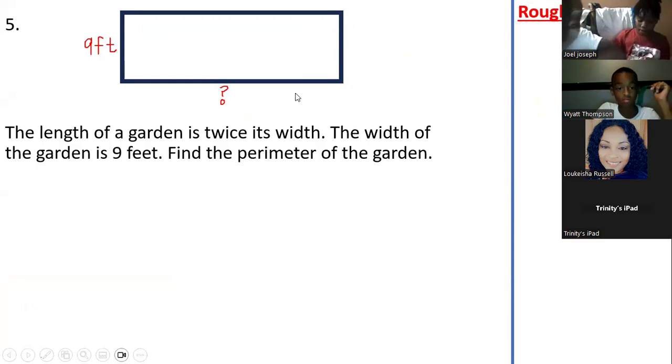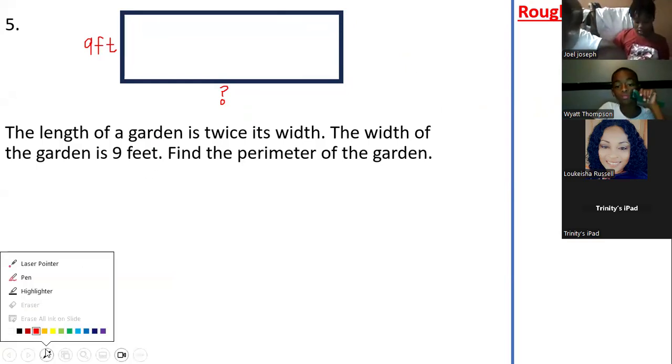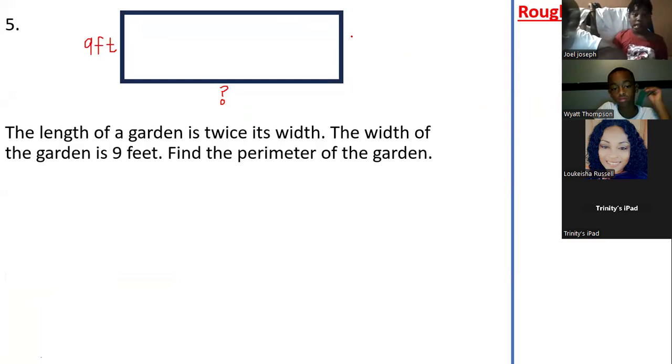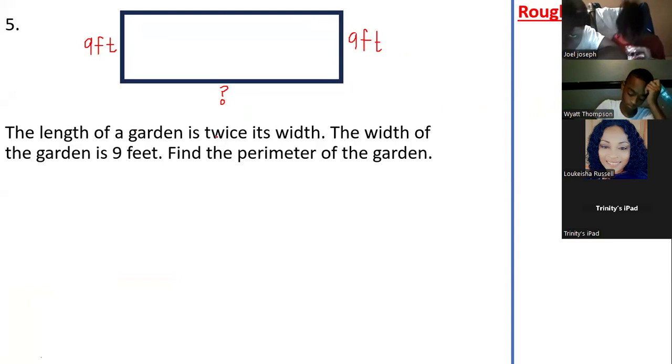Then the middle would be, so this is 9 feet. 9 feet, very good.